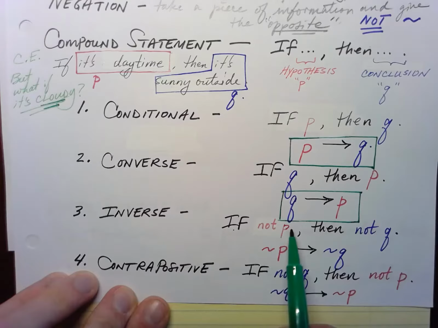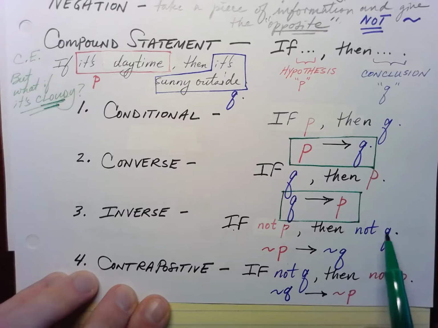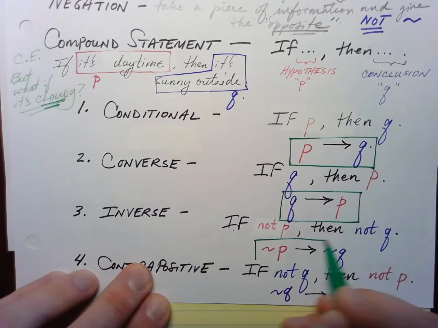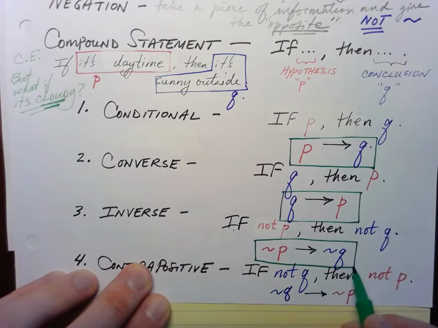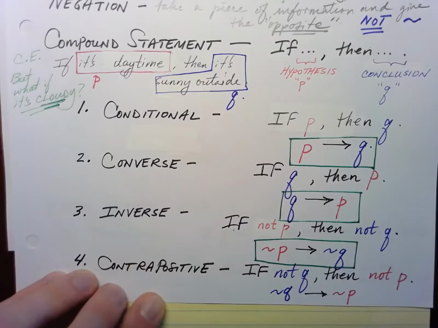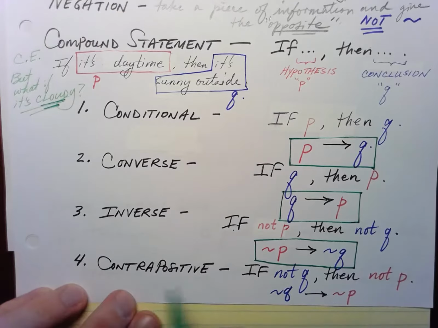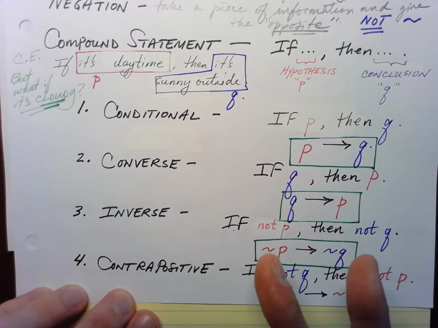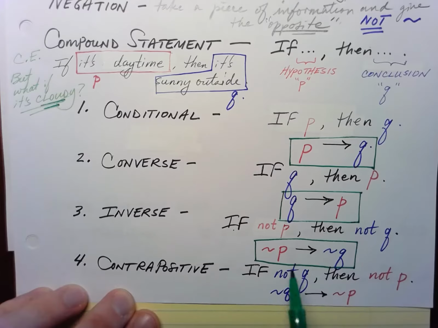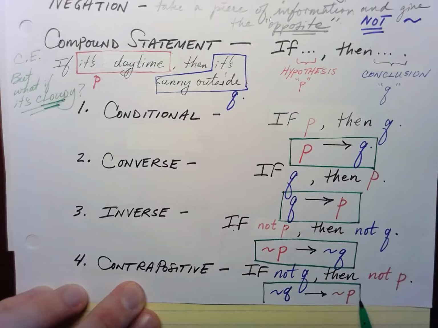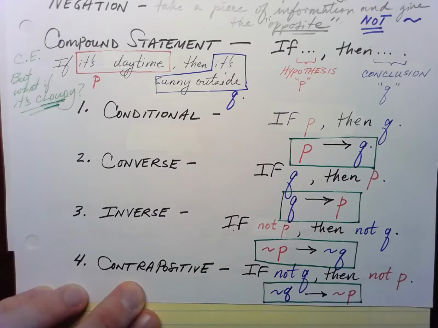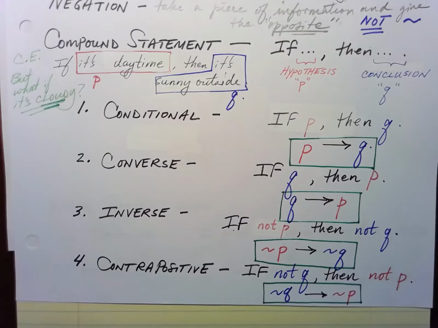So if not P, then not Q. And so we write that with our little tildes in here, just like that. And finally, number 4 is the contrapositive, which is a cool name. And that is where we flip them and do the negation. So if not Q, then not P. Okay, and we're going to learn a lot more about these kinds of things, but we're just going over the basic definitions right now.